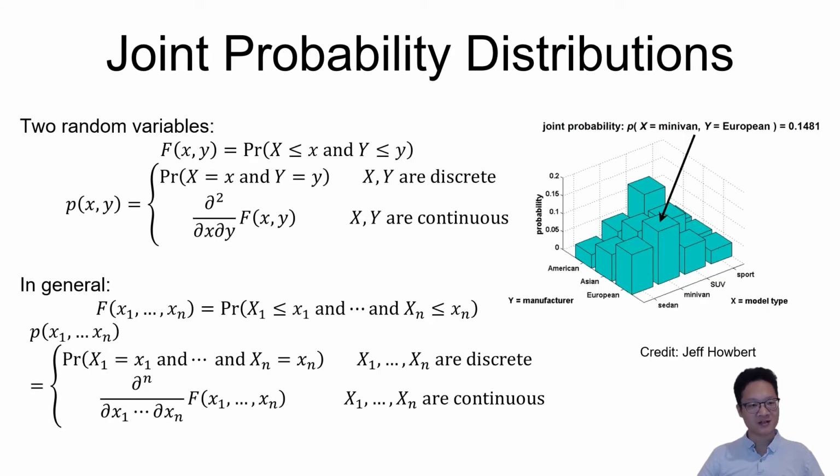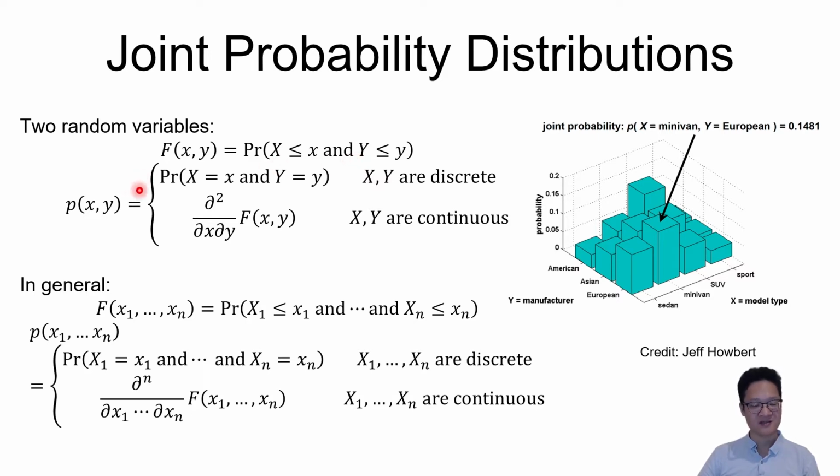Okay, so let's take a look at two different random variables, and then we're going to take a look at the general case. For two different random variables, the CDF is defined to be the probability that X is less than or equal to little x, and Y is less than or equal to little y.